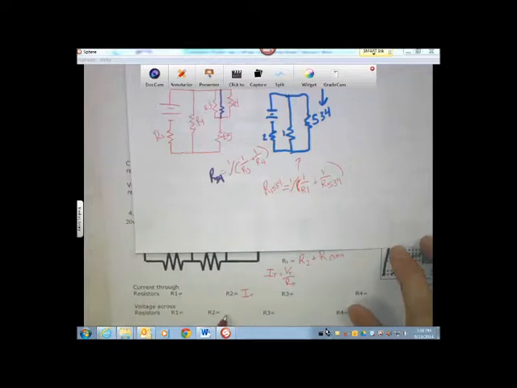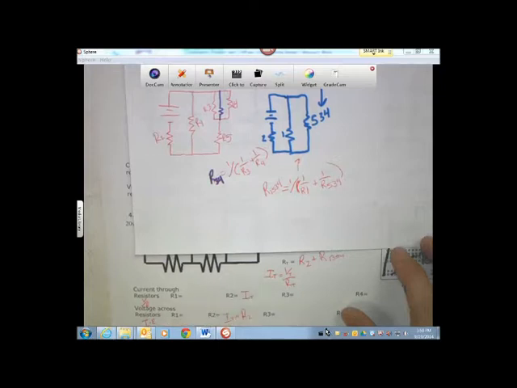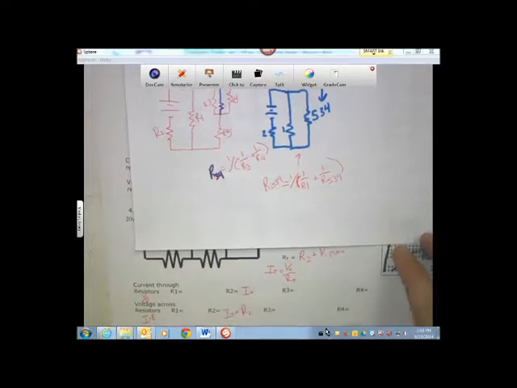And my voltage drop for resistor 2, again, voltage is I times R, and current is V over R. So my voltage drop for resistor 2 is going to be the total current times that resistance. So IT times R2. With that, I can use the rest of the information to determine the voltage drop of the rest of the circuit.